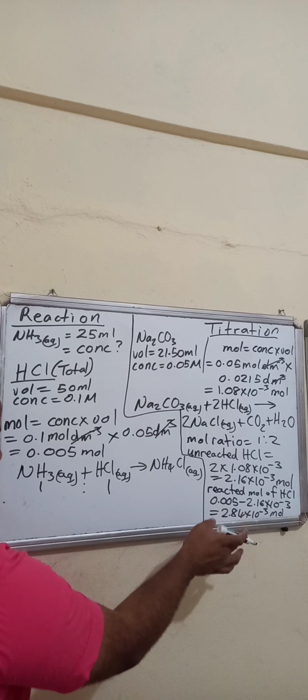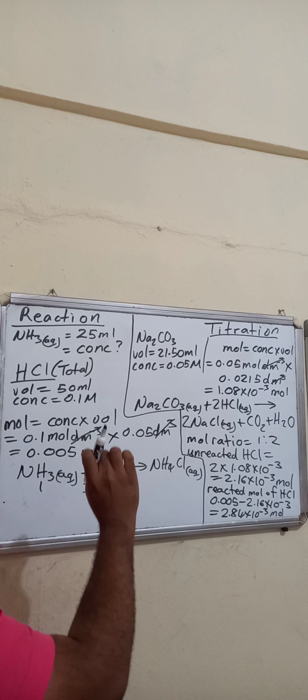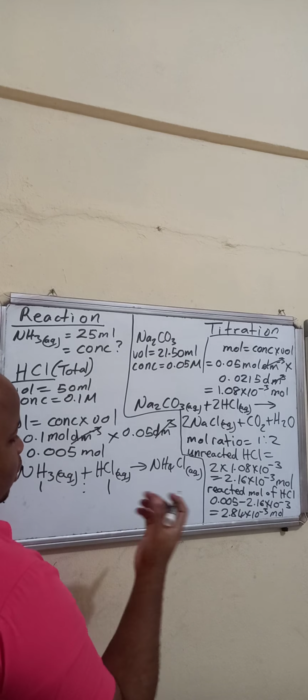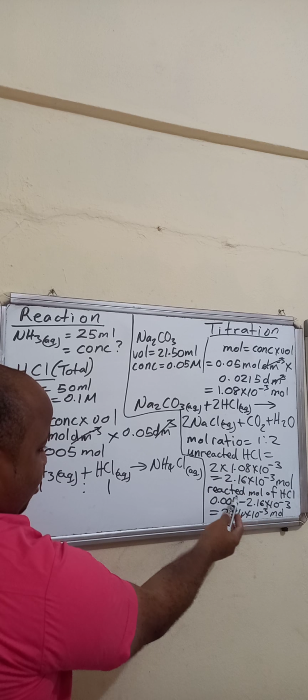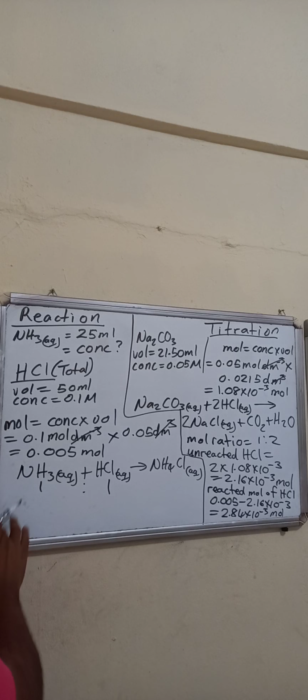So once we get the amount of HCl that reacted, we are finished with the titration. So the titration was to allow us to get the moles of HCl that was unreacted, and therefore the amount that actually reacted. So we come back now to our reaction portion to complete the calculation.